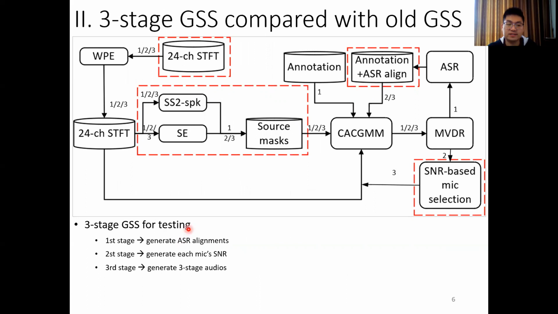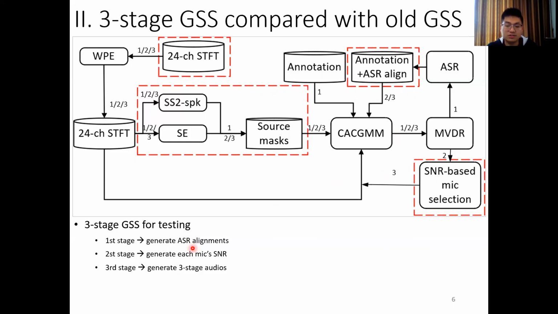Here is the three-stage GSS for testing. Compared with the officially provided GSS baseline, we use all microphones, we use good initialization, and we use the interpolation of annotation and alignments. And further, in the three-stage, we use SNR-based microphone selection.